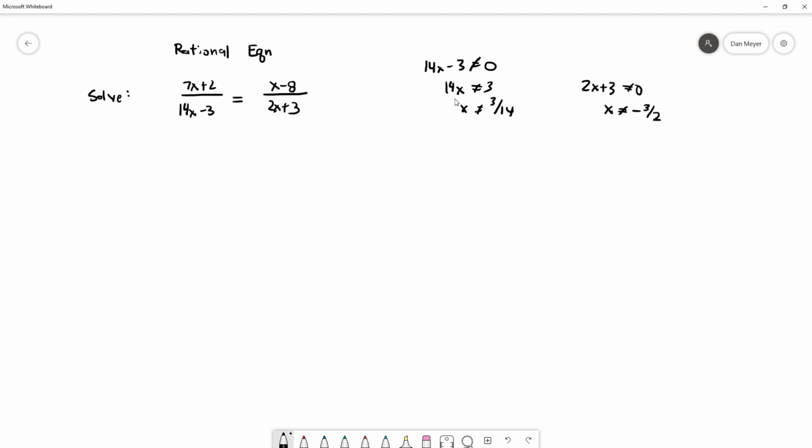So the domain of this equation is not the same as any linear equation because there are no restrictions for a true linear equation, in my opinion. Now, the strategy here is to cross multiply. And I want to talk for a minute about why this cross multiply works.